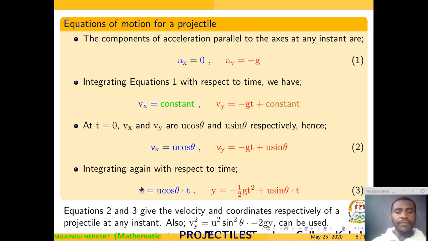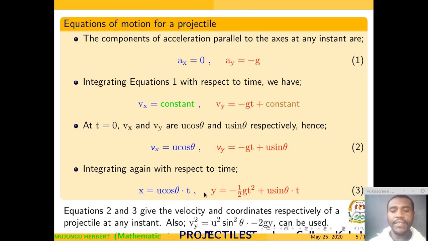As you observe horizontally, we have x equals u cos theta times t, implying distance is equal to speed times time. So for horizontal motion, we shall always use this formula, displacement equals speed times time, because there is no acceleration horizontally.